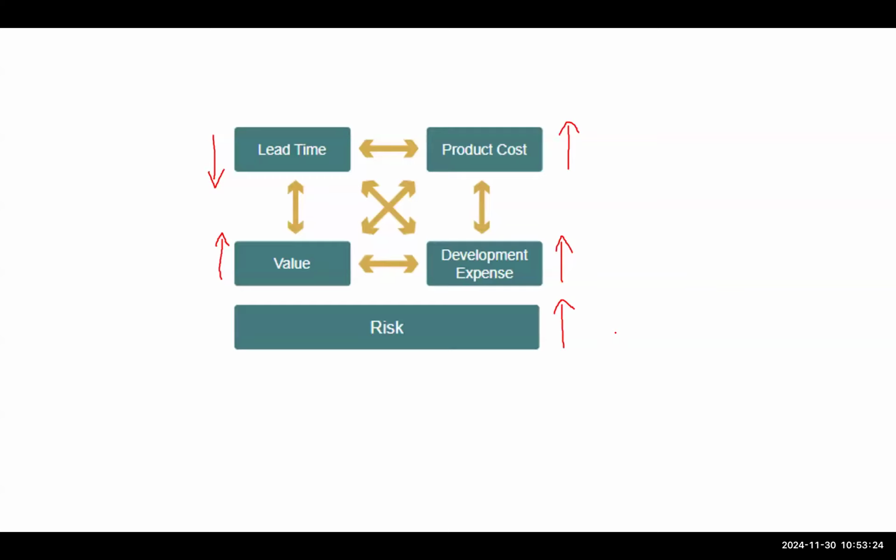We might be indirectly increasing our risk. So the moment we bring up any discussion, forget about agile, SAFe, scrum, waterfall, everything, if we start discussing these 5 parameters, that will give more clarity to the leadership team.